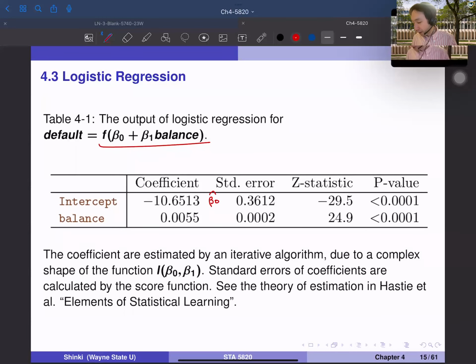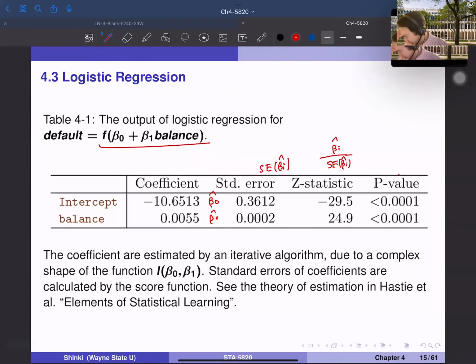Also, this is the standard error of beta i hat, and this Z statistic is beta i hat over standard error of beta i hat. And this is the p-value, for the test that beta i is equal to 0.